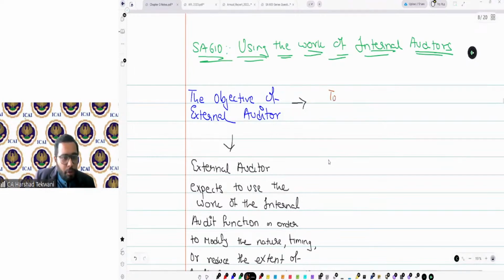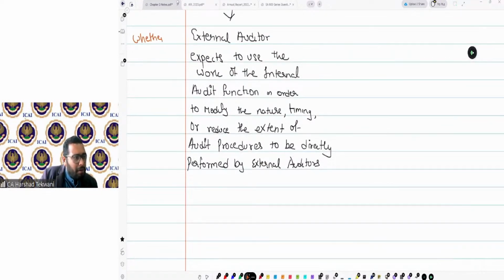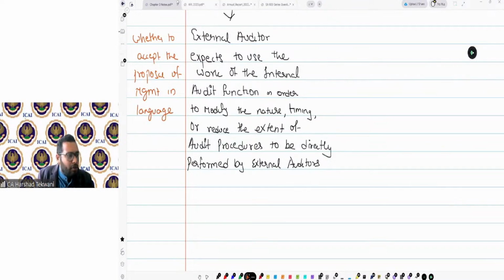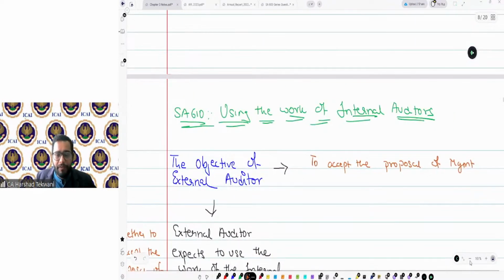So, whether to accept the proposal of management, in the language mentioned in the standard. This is similar to whether to accept the proposal of management. And to accept the proposal of management, I need to see a few things.